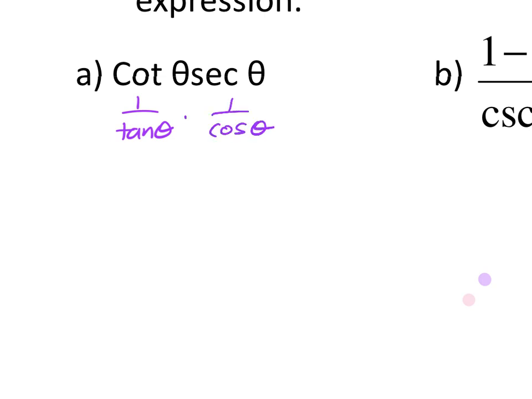So the tan didn't really help me there, right? But what else could I replace cotangent with? Cosine over sine. And now the cosines cancel. I get 1 over sine of theta. Is that as simplified as it gets? Good. 1 over sine of theta is cosecant. Again, remember, if you can get it to one term, that's as simplified as you can get it. You want to keep going.